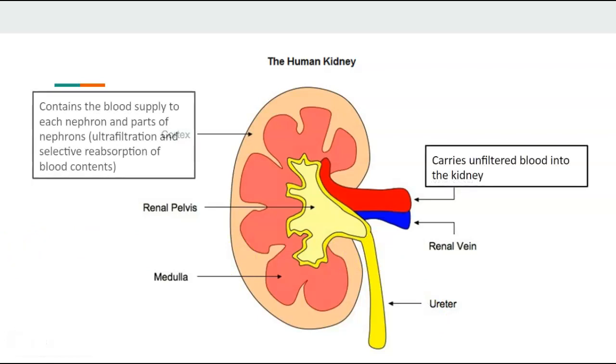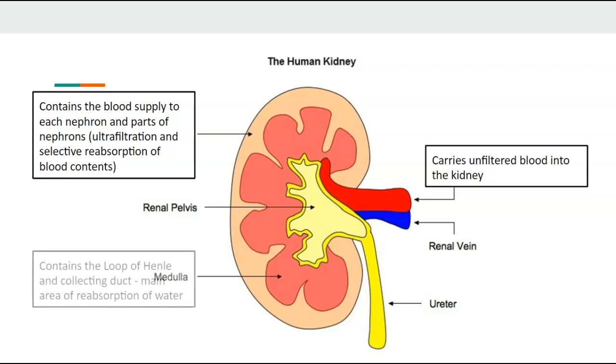So again, this is what I just mentioned, right? Renal artery carries unfiltered blood. The cortex contains blood supply to the nephron, which is a piece that we're going to dive into in a minute, and parts of the nephron. This is where ultrafiltration happens. Ultrafiltration is the filtration of blood to clean it. The medulla contains the loop of Henle.